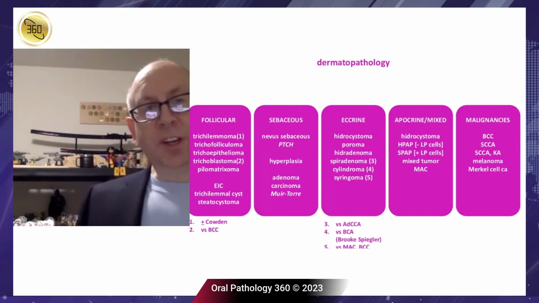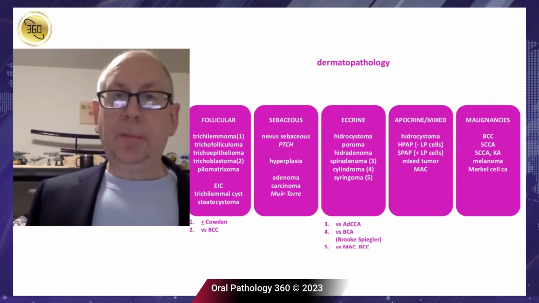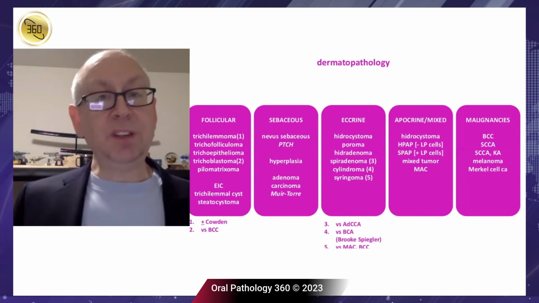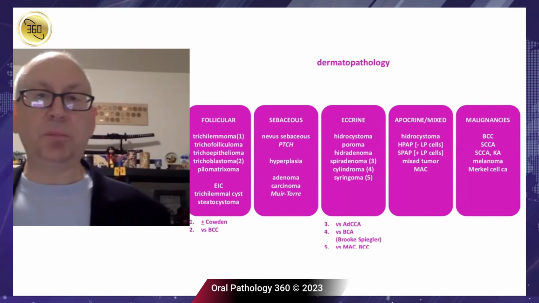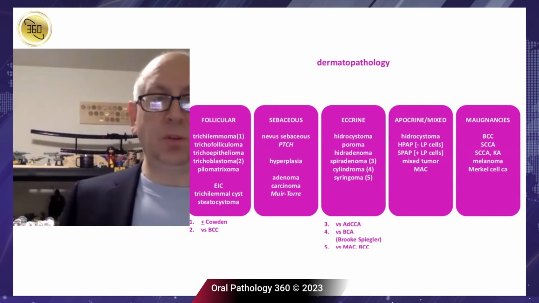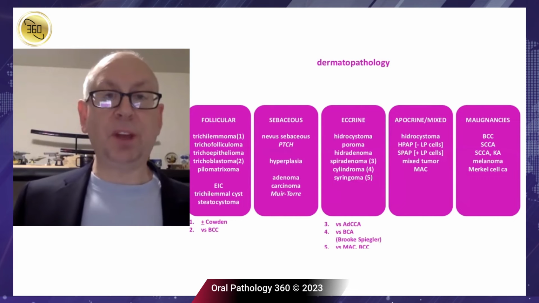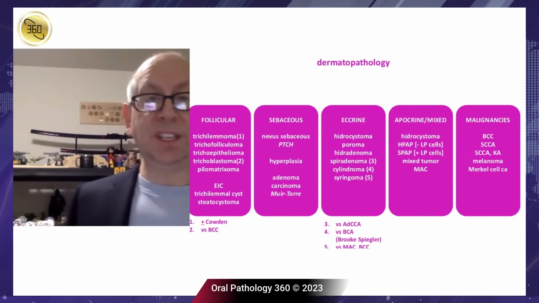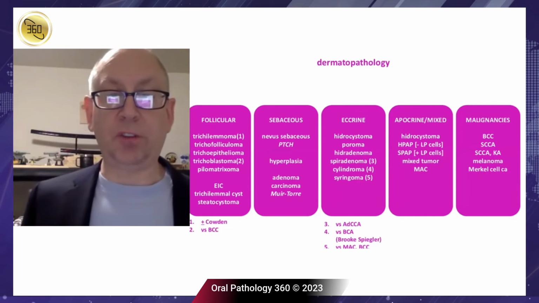And then we started getting into the actual pathology. So skin pathology is certainly not my area of expertise, but we see a lot of dermatopathology as oral pathologists. So I try to characterize these things into one of 5 major categories. Are they from the follicular complex, from the glands, or are they truly malignancies like squamous cell carcinomas, basal cell carcinomas, melanomas, Merkel cell carcinomas?